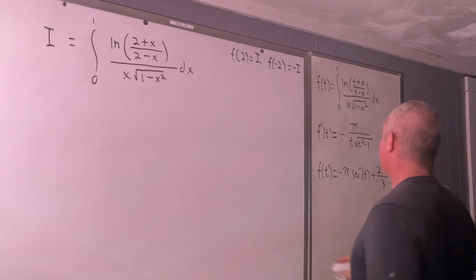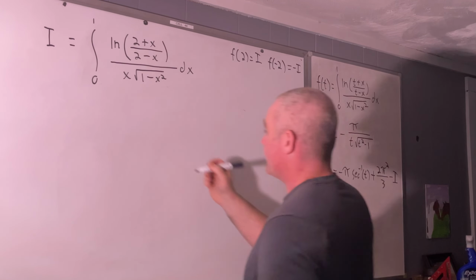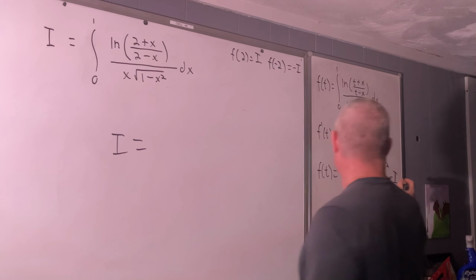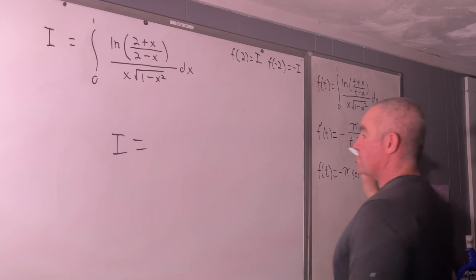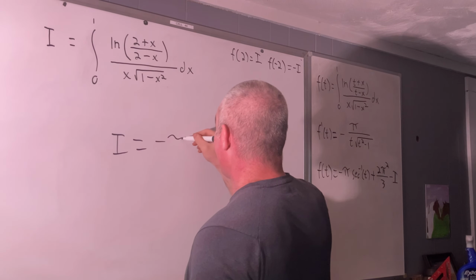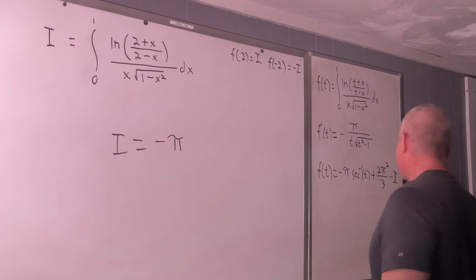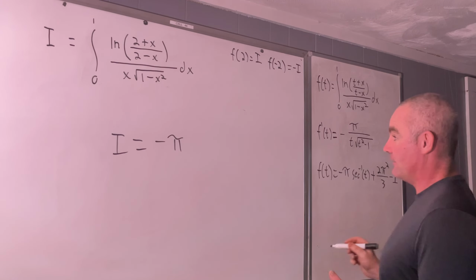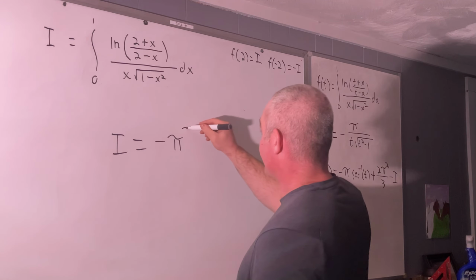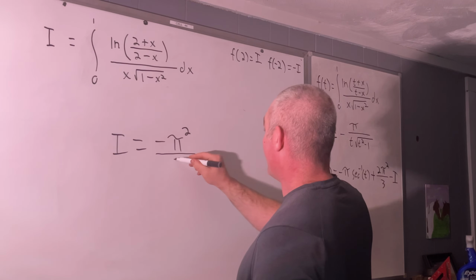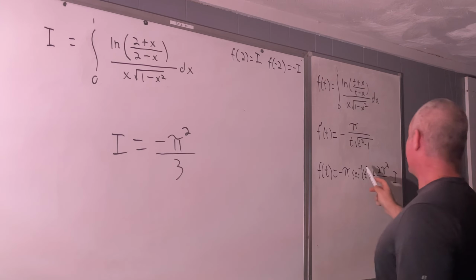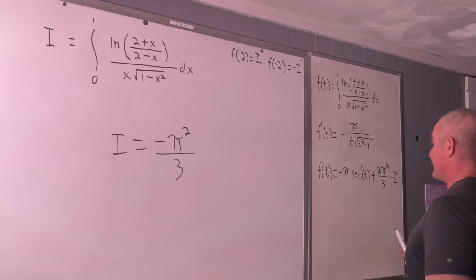Well, f at 2 is equal to I. So that means that I is equal to this thing evaluated at t is equal to 2. Minus pi times secant inverse of 2, which is pi over 3. So we'll get minus pi squared over 3, right? Yeah. Secant inverse of 2 is pi over 3.